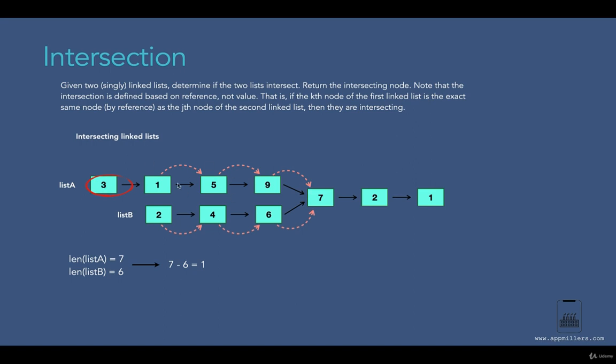Each time we loop through these linked lists, we check whether these nodes reference the same node or not. If they reference the same node, this is the intersecting node, so we can stop and return it. Now we have identified how to find the intersecting node in two linked lists. Based on this logic, let's switch to Java and implement our intersection method in practice.